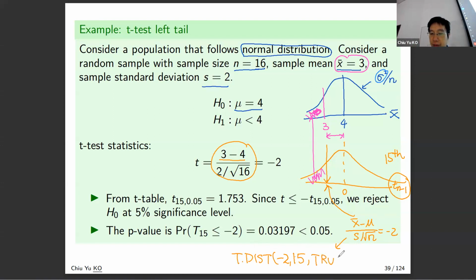That's how you look at the area, and this area is 3%, so you reject. You can't really say that it's equal to 4 because it's too small. Is that clear? Is that okay?